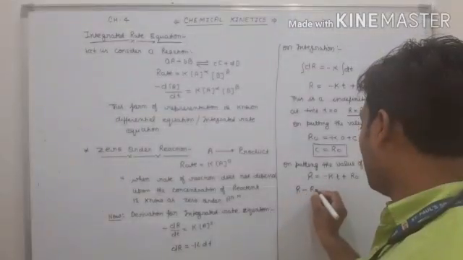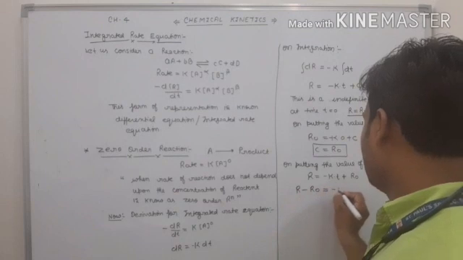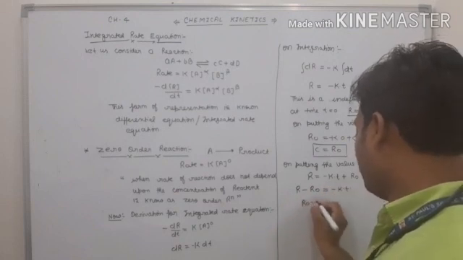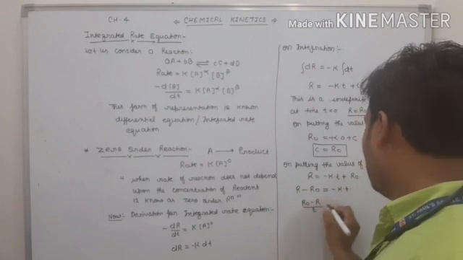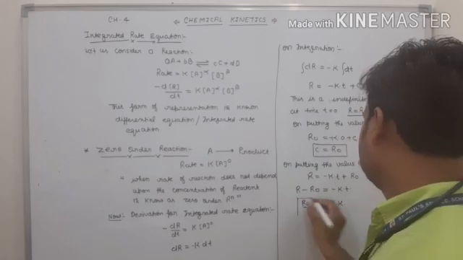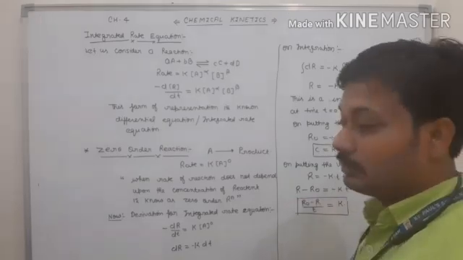We will get that R minus R naught is equal to minus K into T. So this is R naught minus R upon T is equal to K. Clear?